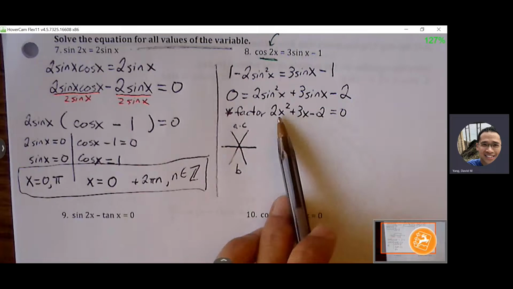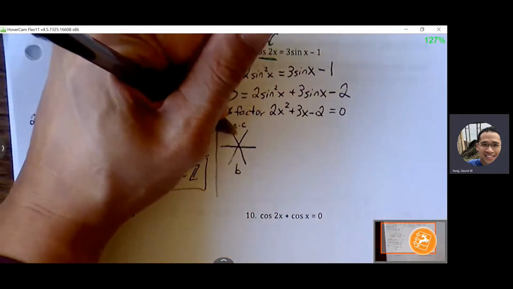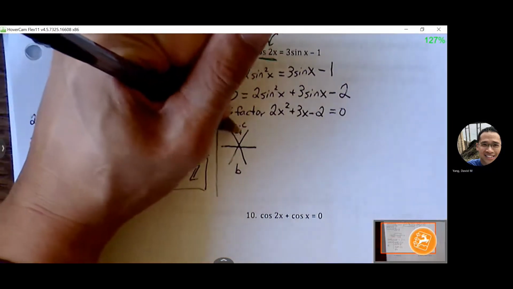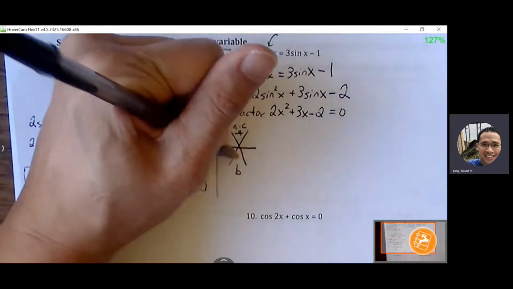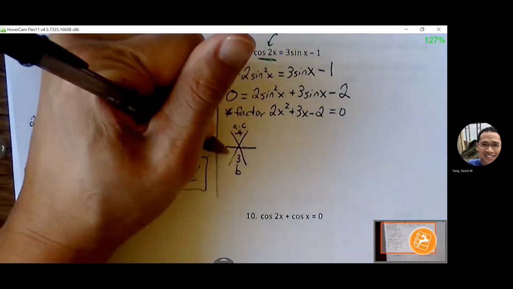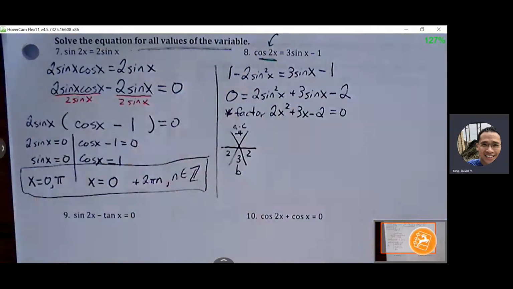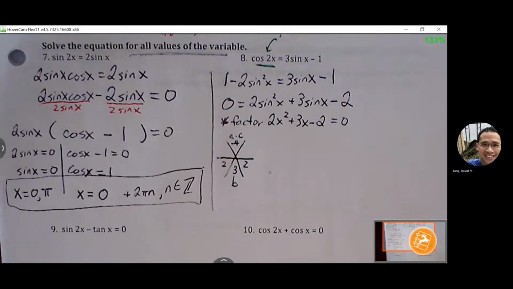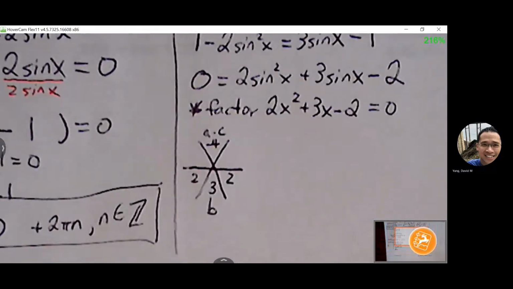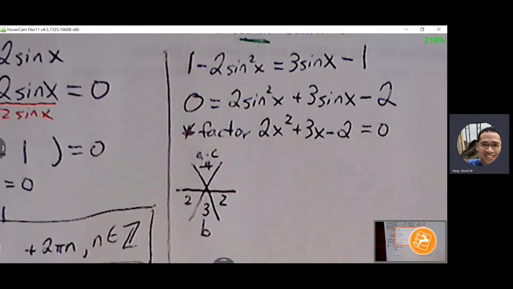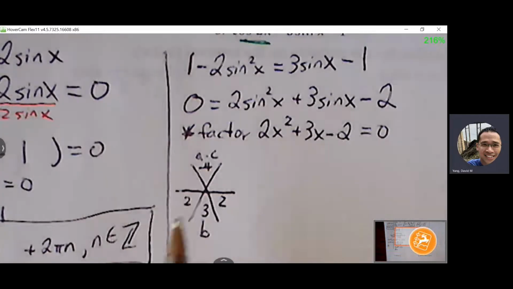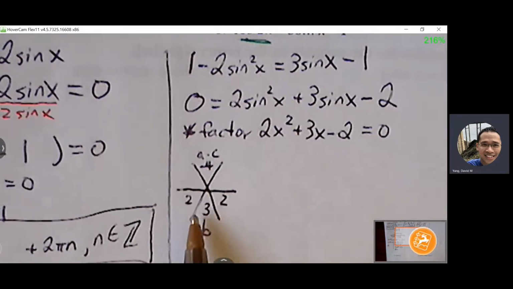A times c is 2 and -2, so multiplies to be -4. Adds up to be 3. Okay, so what numbers can we use? What multiplies to be -4 and adds up to be 3?